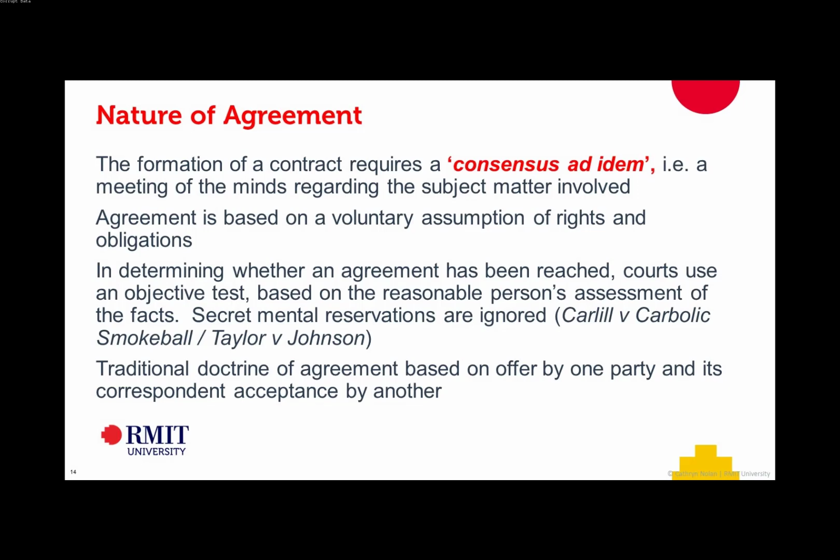Both of them look to, would a reasonable person having the same information believe that the other person had consented or had reached agreement with them based on the evidence that they could see? Your subjective point of view is not relevant.